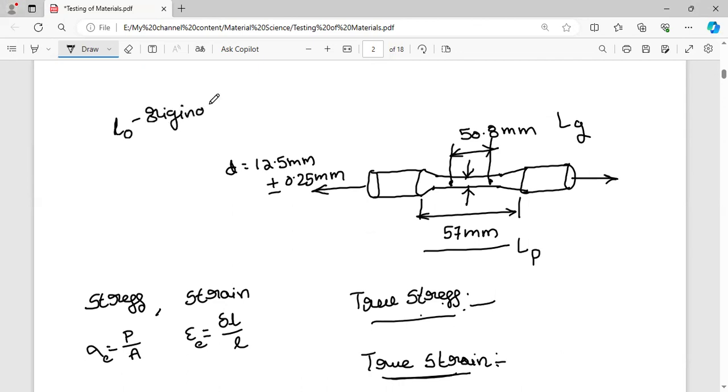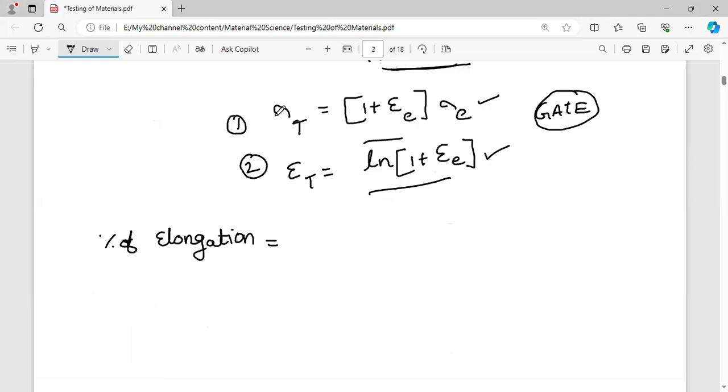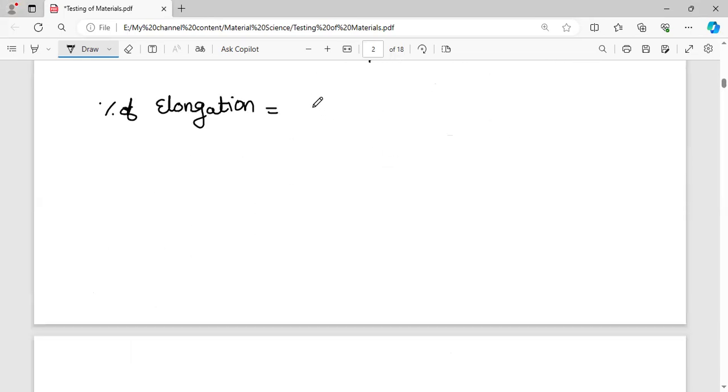After applying the load, the length changes, and that is called the final length, taken as LF. How can you calculate the percentage of elongation?